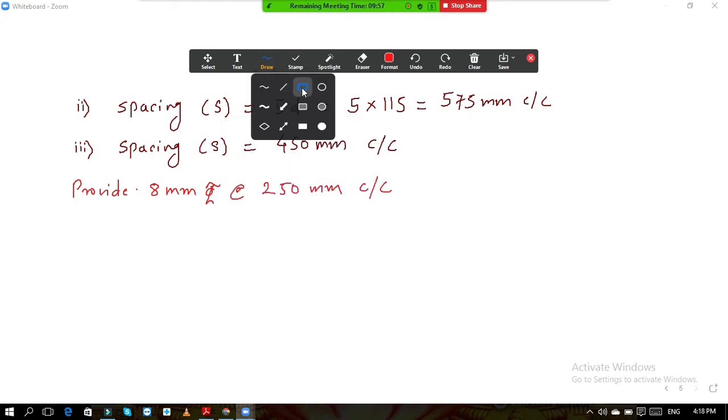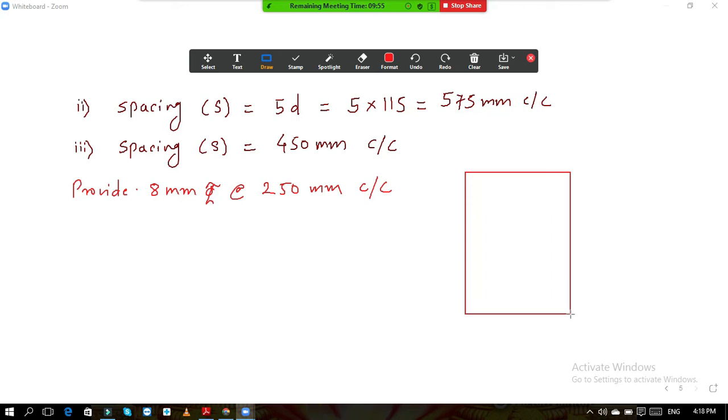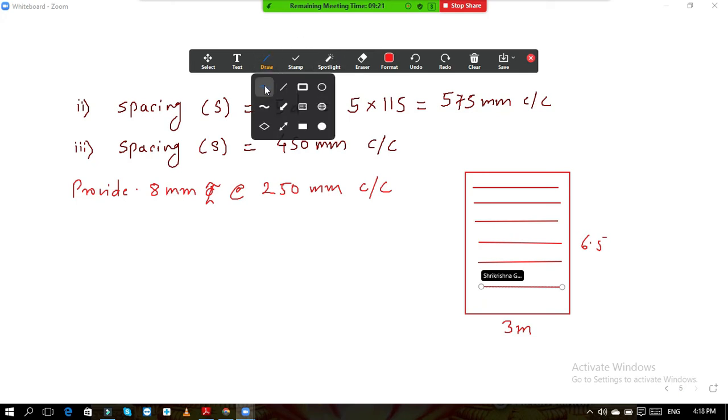So basically what we have done, if I draw the slab over here, this is not a perfect diagram, I am drawing it just for your understanding. This is the slab. This is our 3 meter shorter length, the span. This is the longer length, 6.5 or something. We have provided our main steel in the shorter direction.